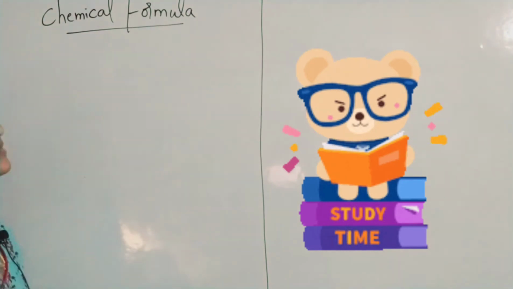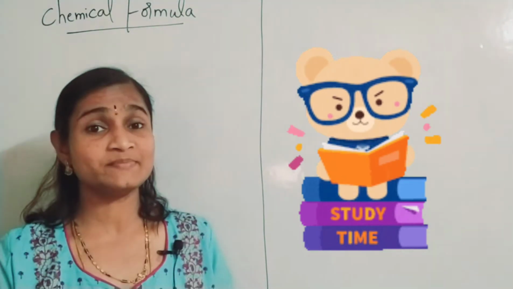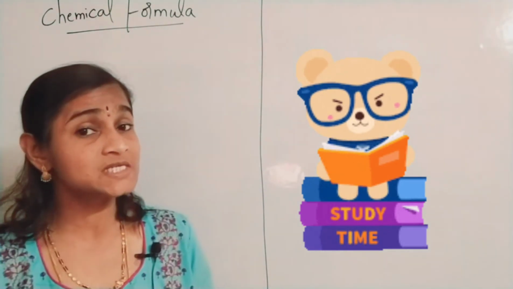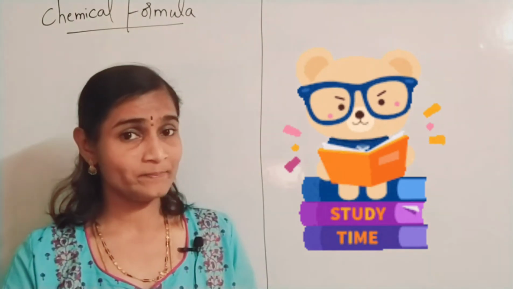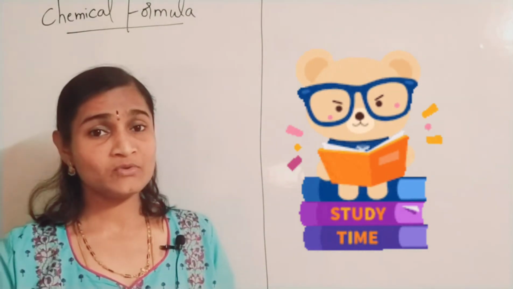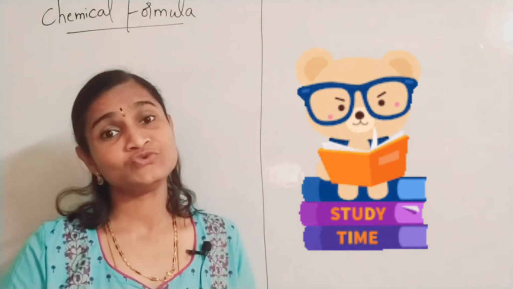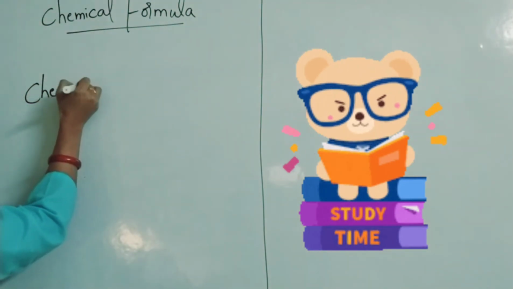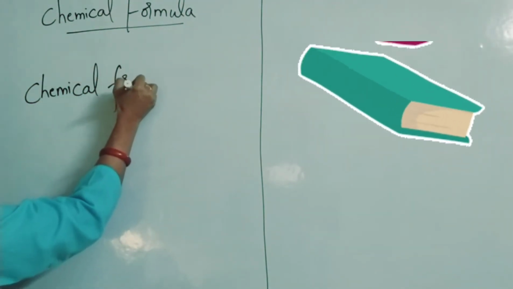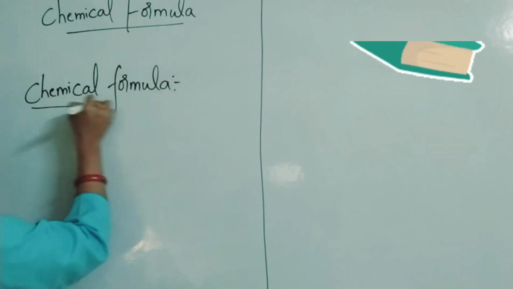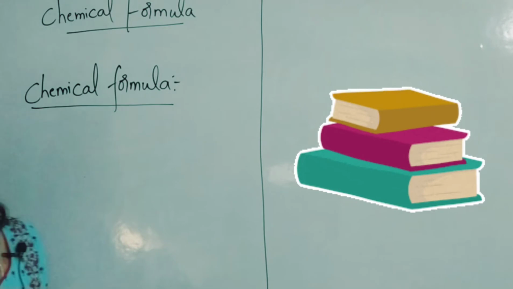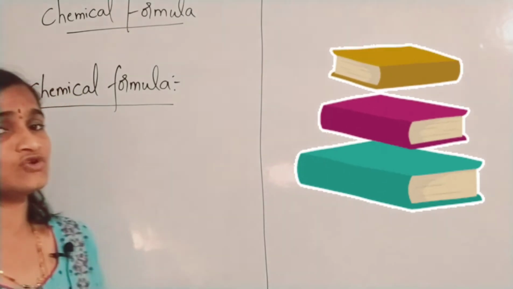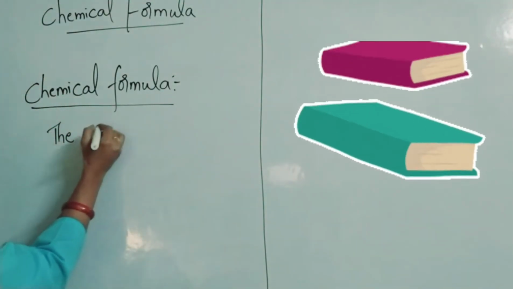So what is a chemical formula? First of all, we should know what is meant by the chemical formula of a compound. You have all learned that two or more substances combine with each other to form a compound. Isn't it? Yes. So a chemical formula is defined as the symbolic representation of a chemical composition.